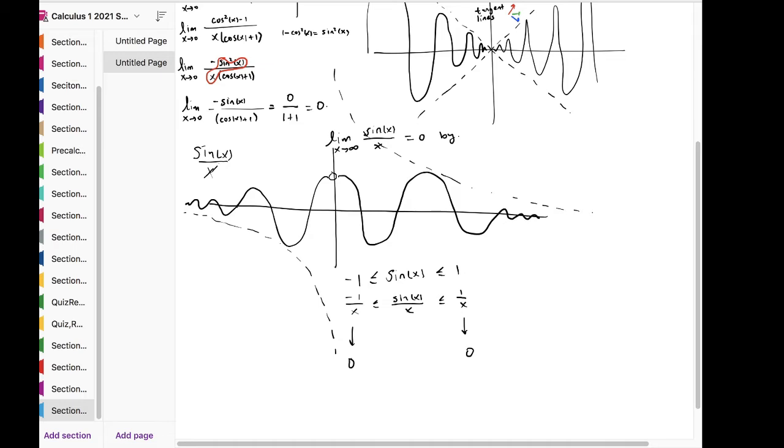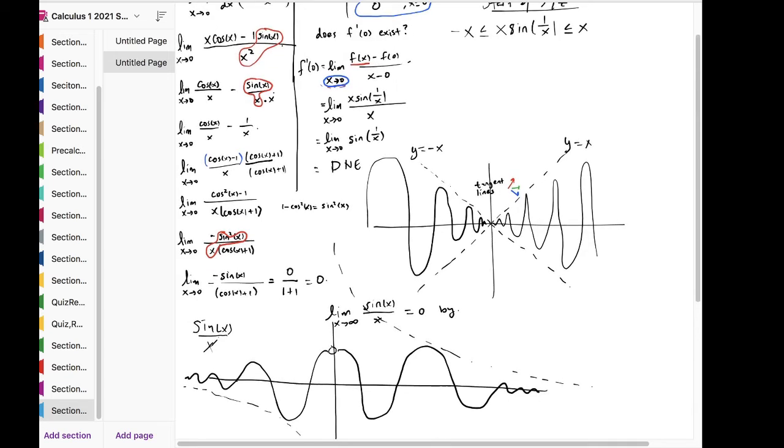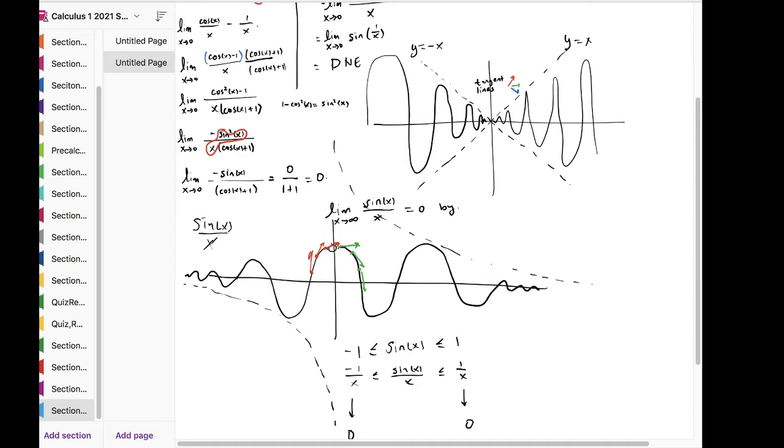Anyway, so what we just proved here in the derivative is that these tangent lines actually approach something. They approach being flat. So this is the derivative approaching 0.